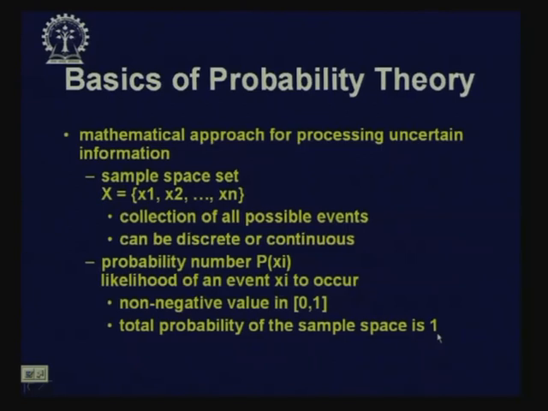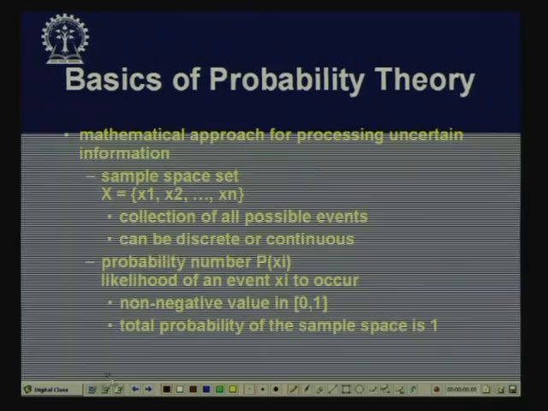That is the basics. And just to give the example, again we can always think of it as a set, the set of possible events in the case of a dice throwing.